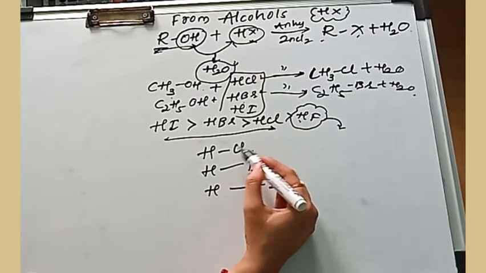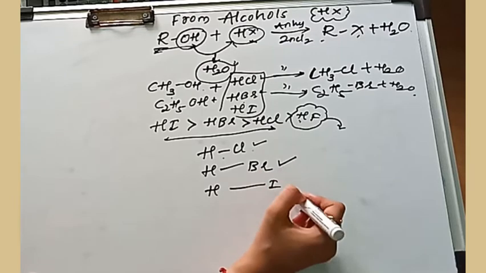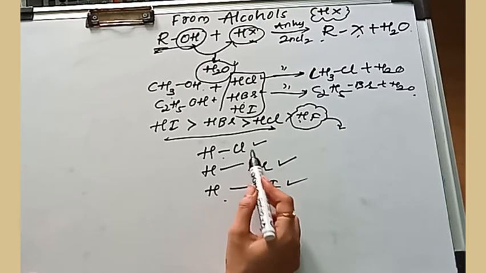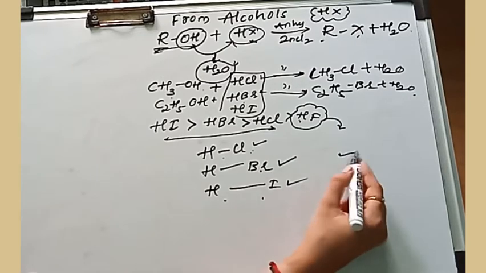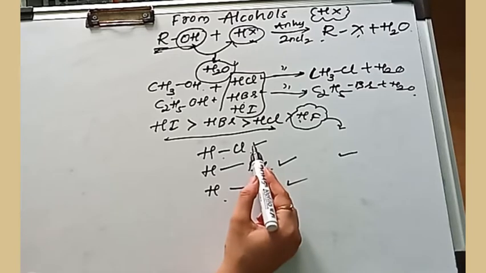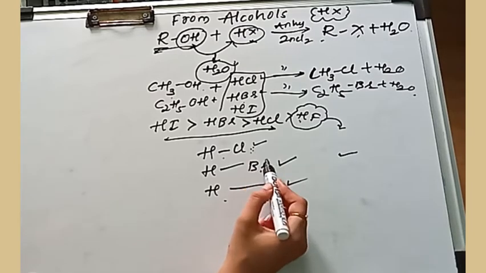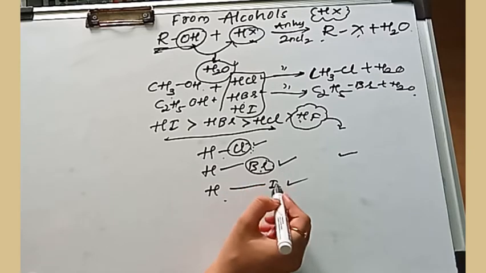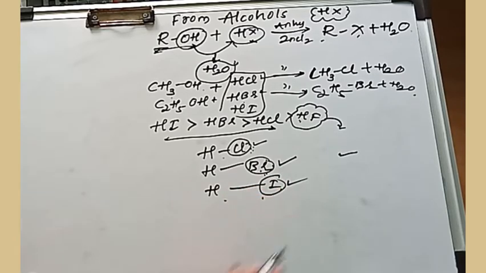So when you compare the HCl bond length, HBr and HI, the bond length of HI is more than HBr, which is more than HCl. The second thing you can consider is the electronegativity of Cl, Br and I. The electronegativity of Cl is more than Br, and Br is more than I.